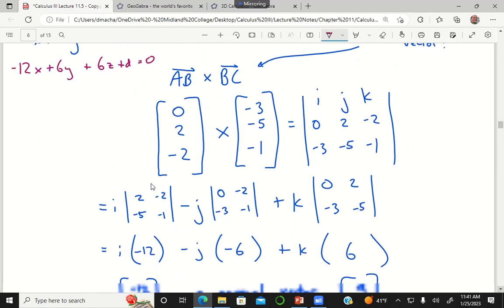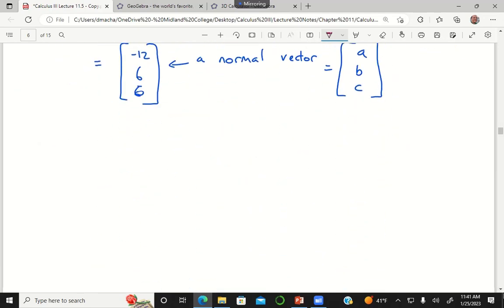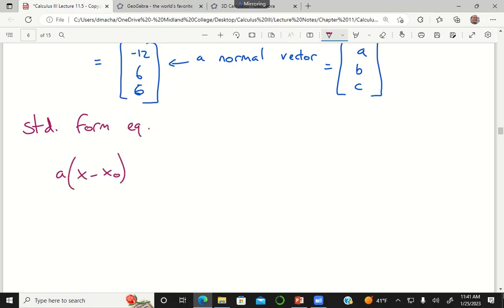And so let me go ahead and write the standard form equation as well. So in standard form, the equation is a times x minus x naught plus b times y minus y naught plus c times z minus z naught.